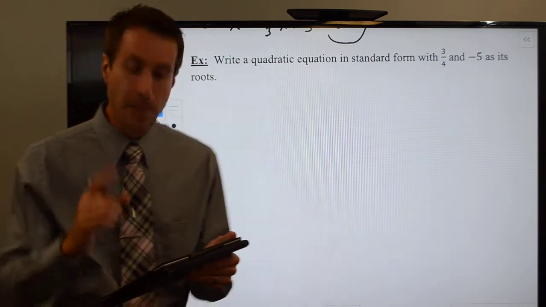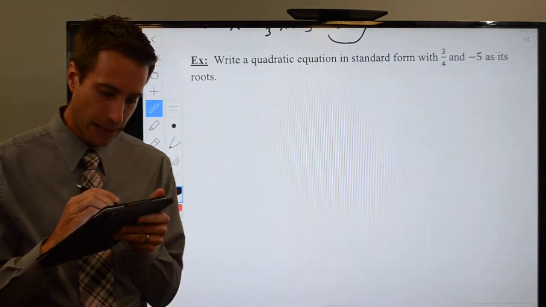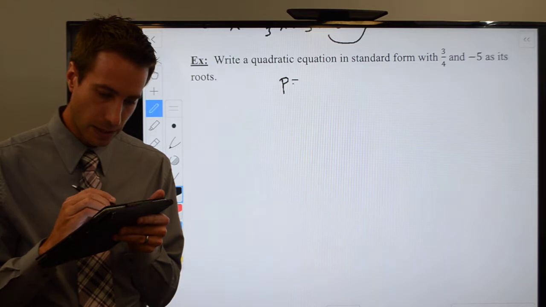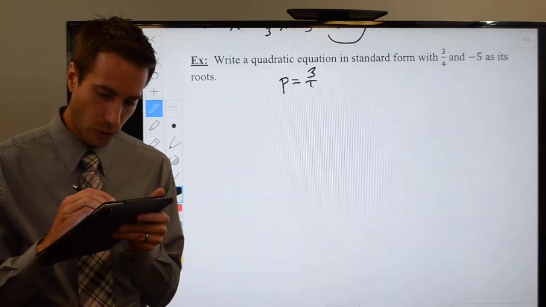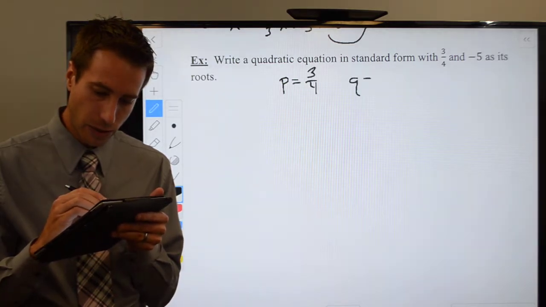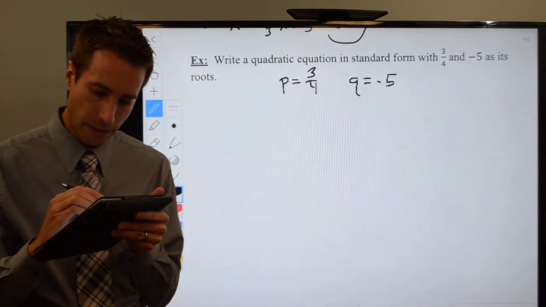Okay, my P and my Q. My P is equal to 3/4. My Q is equal to a -5.